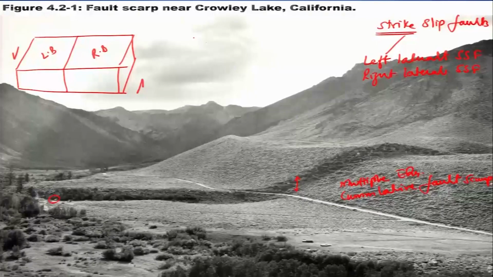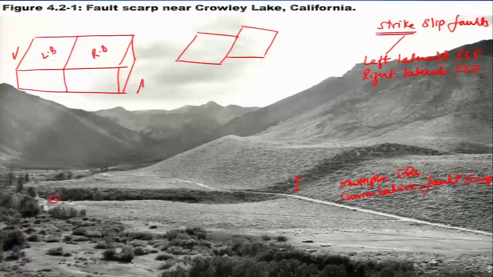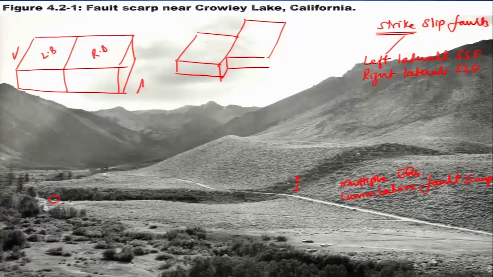So what I will see on the surface, I will draw here again. So if you have this, then this block has moved this side, this has moved like that, this has gone.